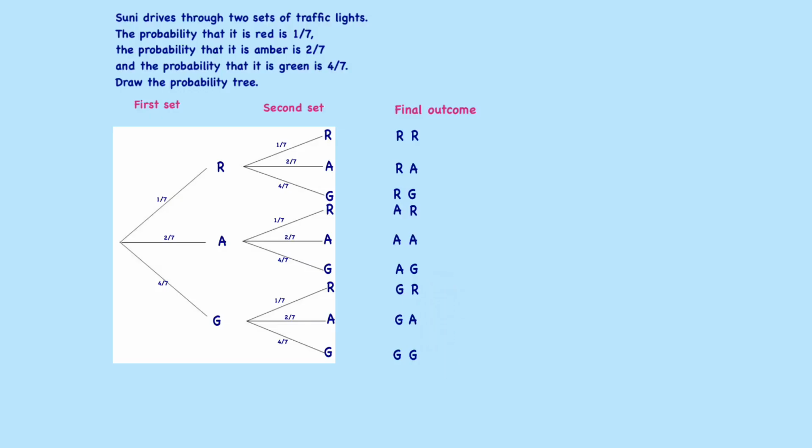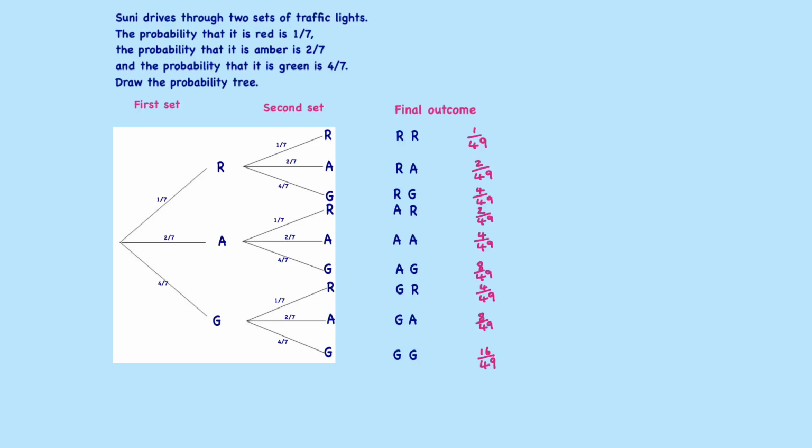And the probability of each of those outcomes, which we get by multiplying each branch together. So we've got 1/7 times 1/7, which would be 1/49. 1/7 times 2/7, which would be 2/49, and so on. They are here.